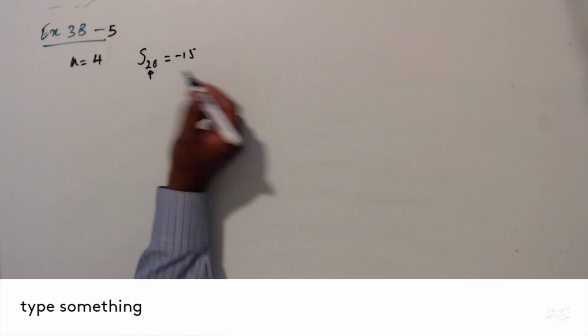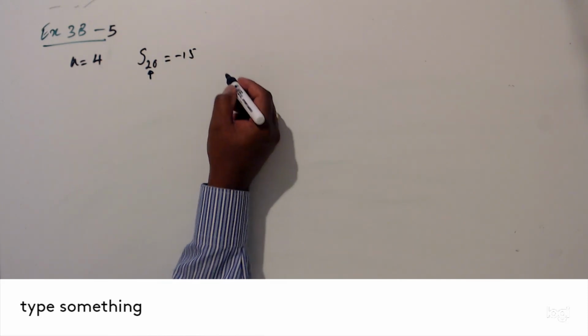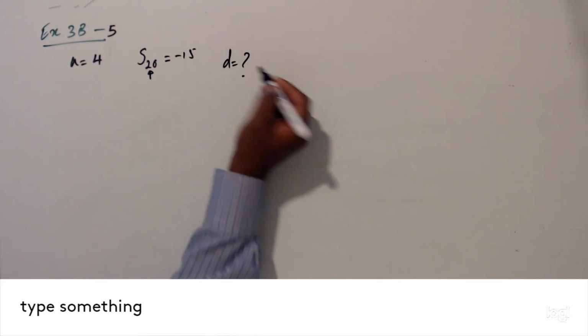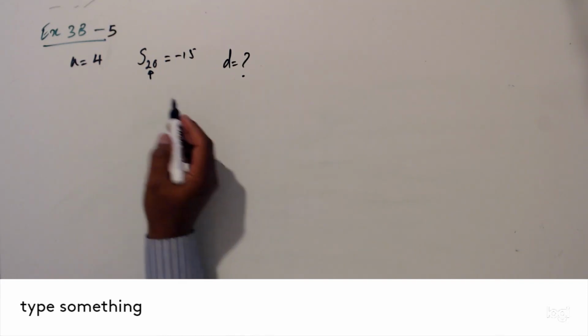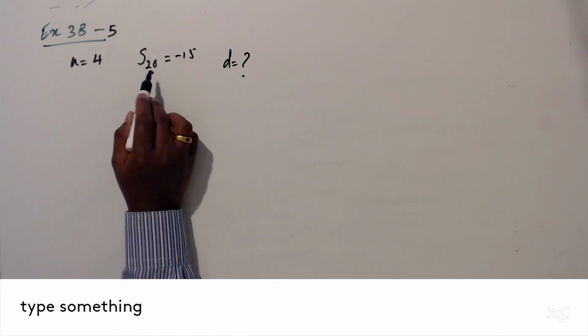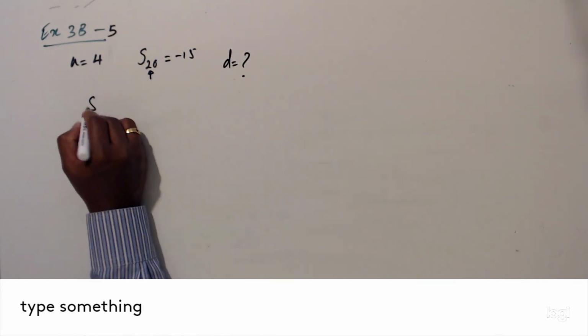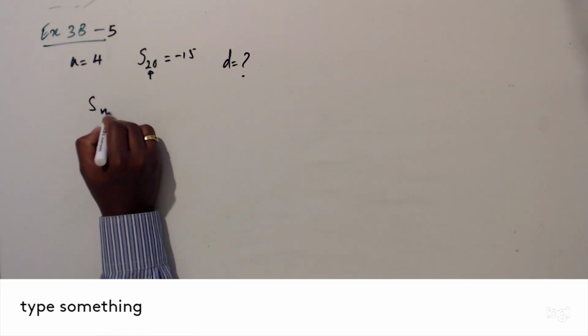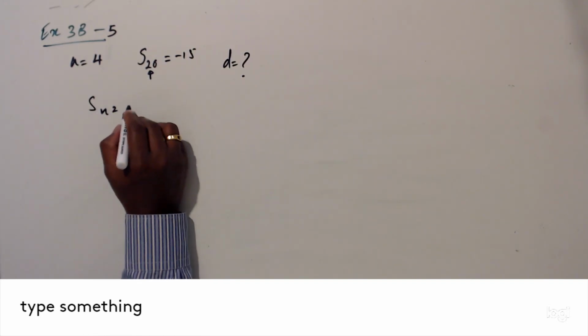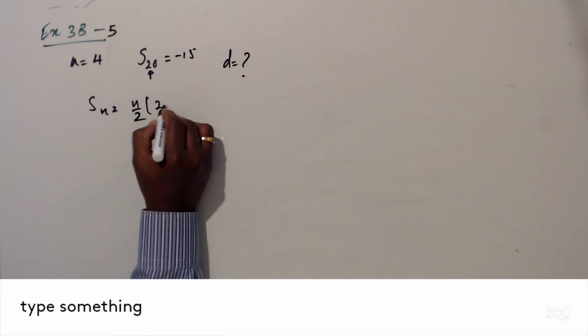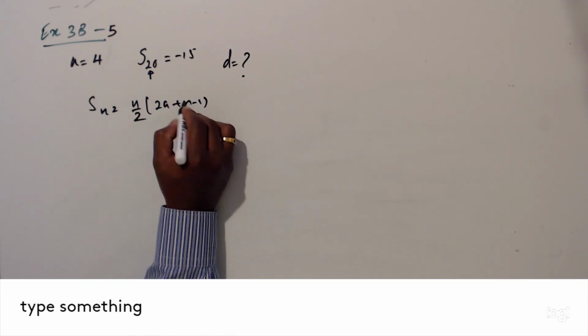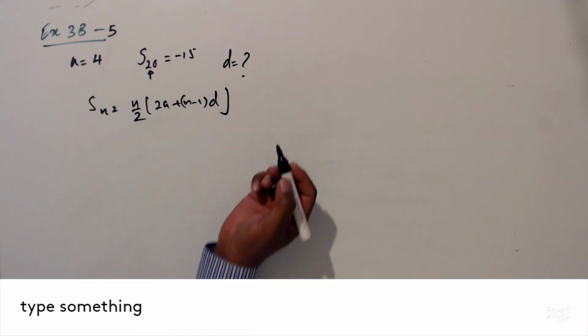We need to find the common difference initially, so we have to use the following formula: Sn equals n divided by 2 times (2a plus (n minus 1) times d).